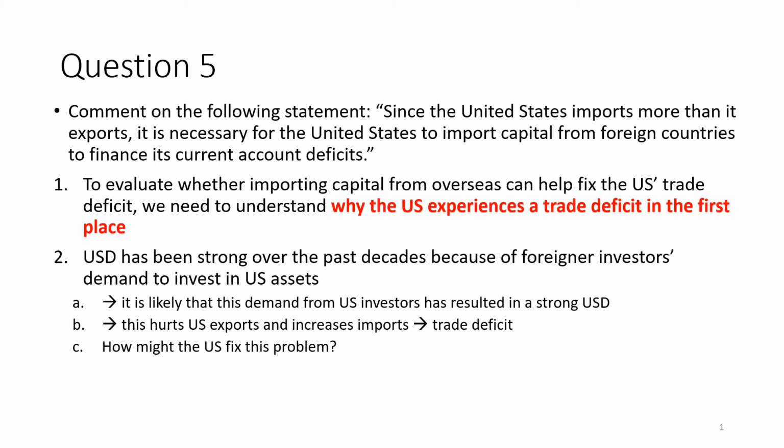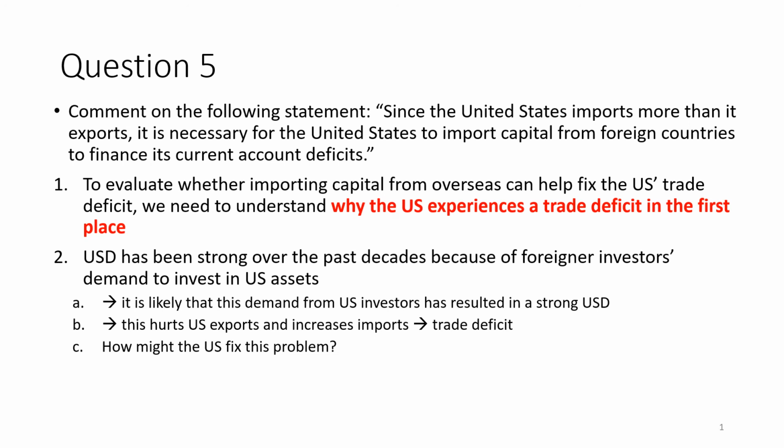Okay. So one thing that you need to think about in having a comprehensive answer for question 5 is to take one step further and think about what else you can do to solve the problem, right? So if you're the central banker in the US, how would you think about this problem? Yeah. So one way to soften the value of the USD is for the government to step in and decide that it's time for them to supply the USD into the international market to try to soften the demand, right?